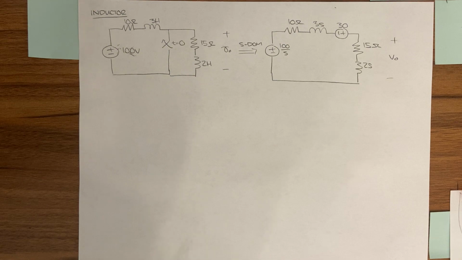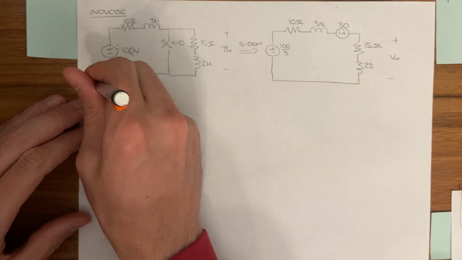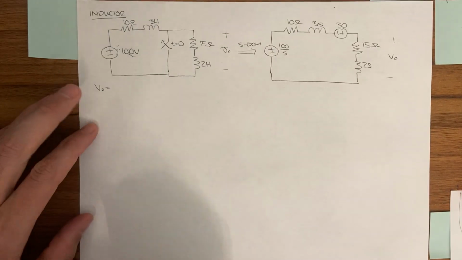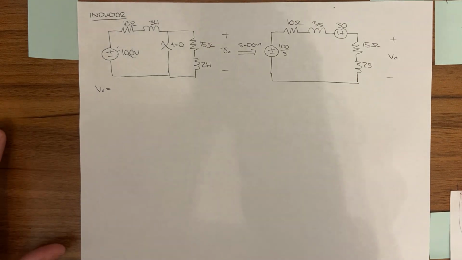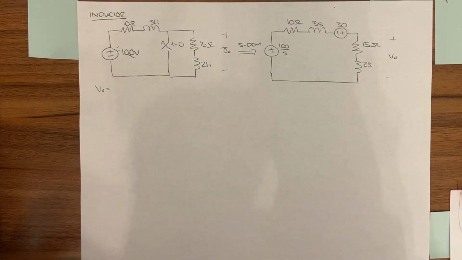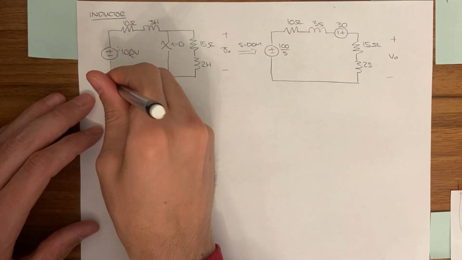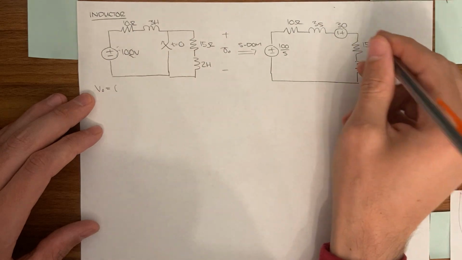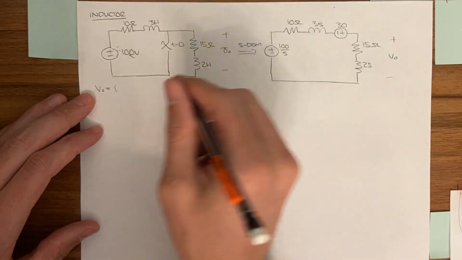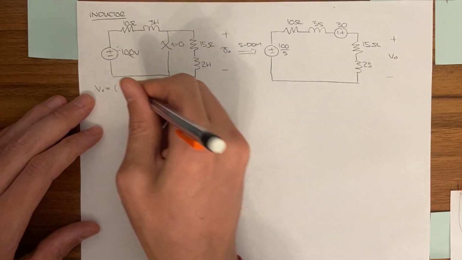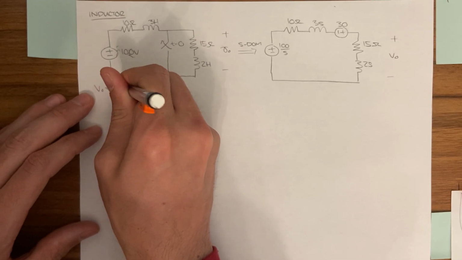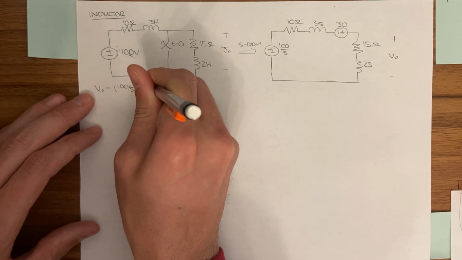There are a lot of ways we can solve for V out. The book, when you follow their logic, uses a node voltage, which is fine. I argue that it's a lot easier just using a voltage divider, because that's essentially what this is. We have two voltage sources in series, that's 100 over S plus 30.